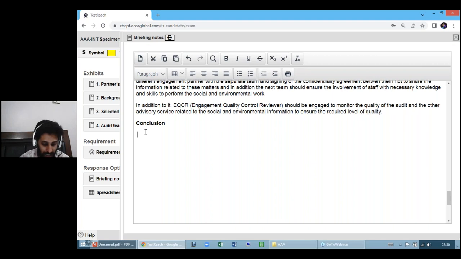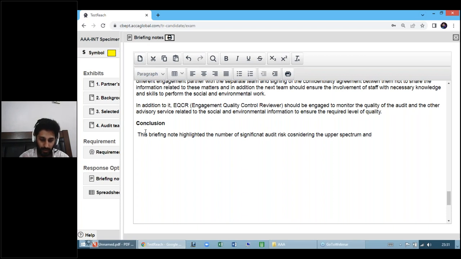So you should write the conclusion. This briefing note highlighted the number of significant audit risks, and what we had written, considering the upper spectrum.